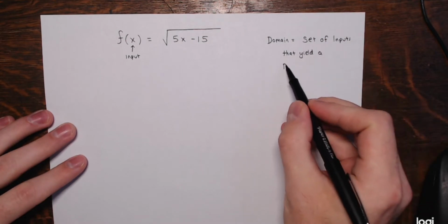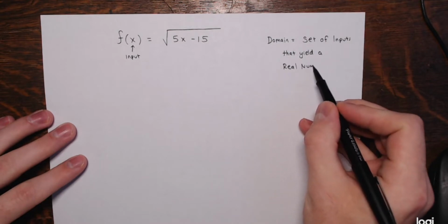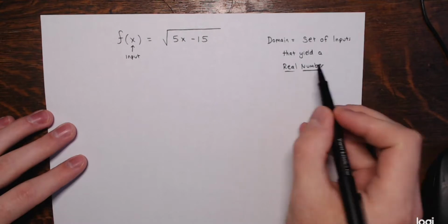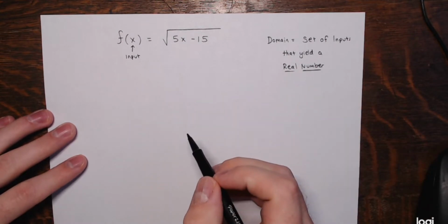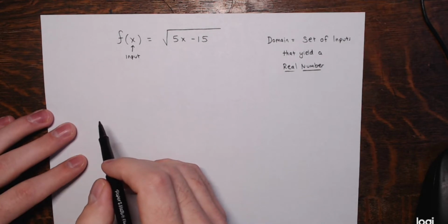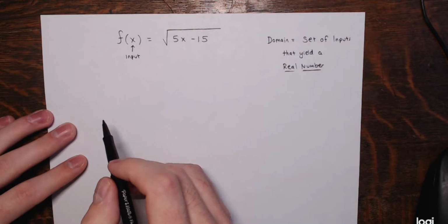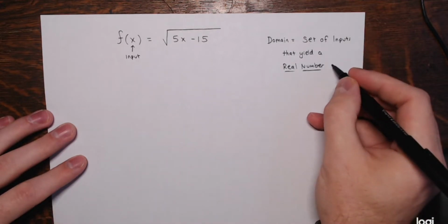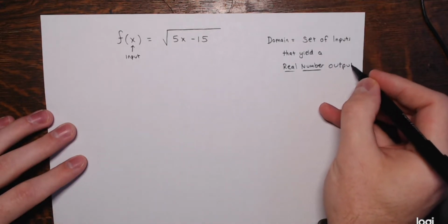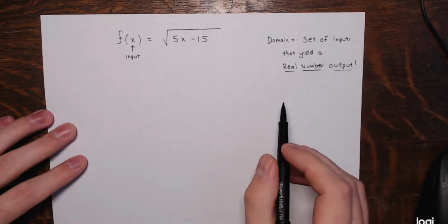Now the reason we want real number outputs is because we want to talk about the graphs of these things as well. And when you're graphing on the xy plane, the x-axis and y-axis represent real numbers only, no imaginaries, right? So the set of inputs that yield a real number output.